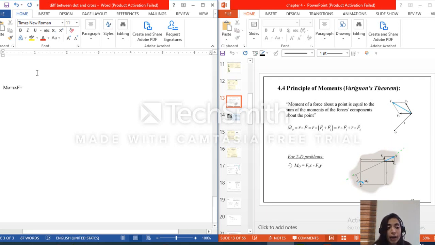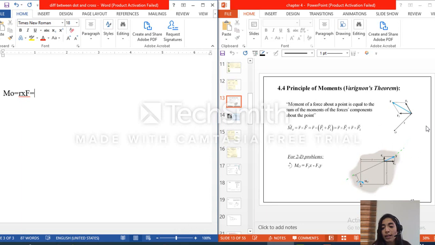Now here, I want to prove that MO could be found also using another method that obeys the distributive rule. So if I know that F in vector form is equal to F1 plus F2, or in other words, F is the resultant of two forces, like this case here.